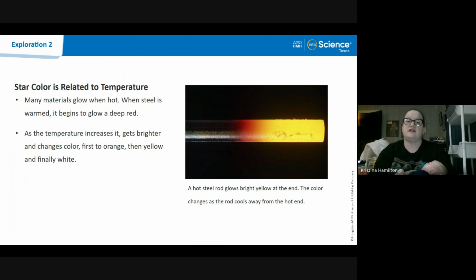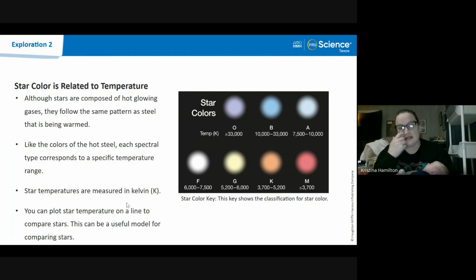Just like materials glow red hot when they are warmed, this is how we compare it to stars. Okay, so it's just related to temperature. So although stars are composed of hot glowing gases, they follow the same pattern as steel. And we know this because we're able to prove it within an enclosed chamber in a physics lab.